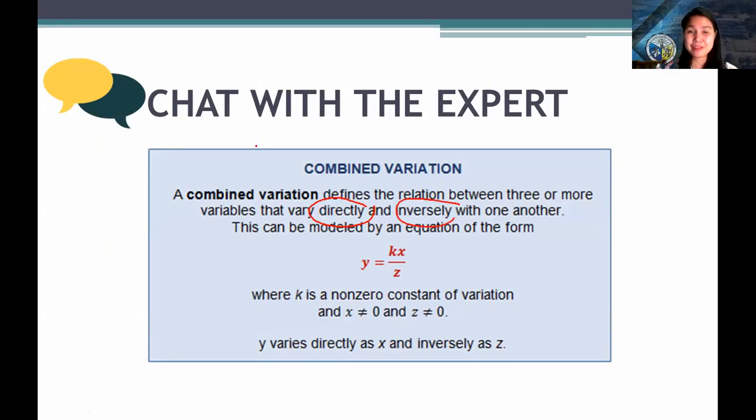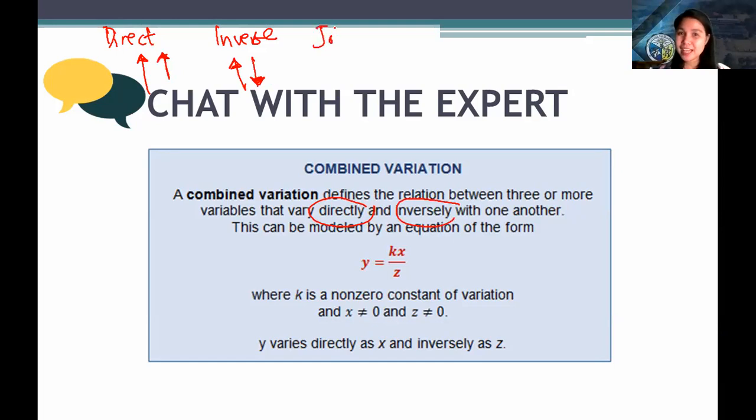Let's have a very brief review. In direct variation, if one variable increases, the other variable increases. Or if both decrease, they do. In inverse variation, if one variable increases, the other variable decreases.